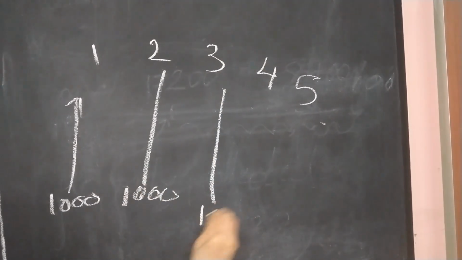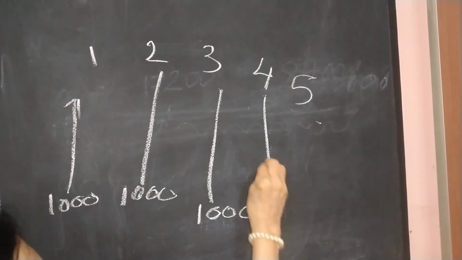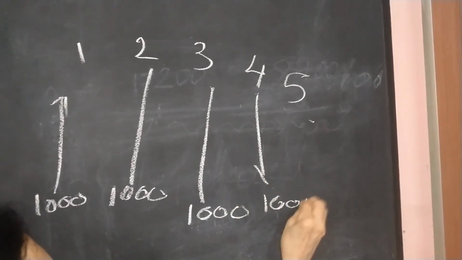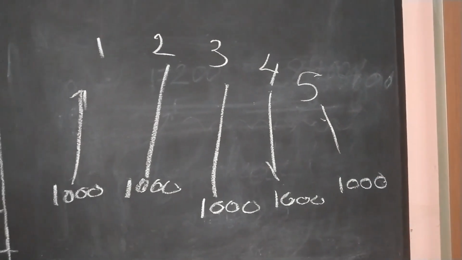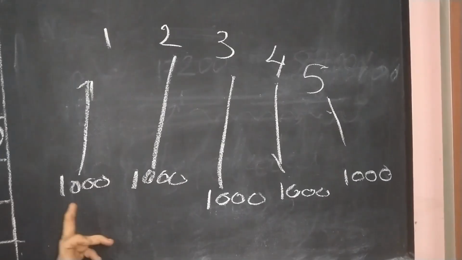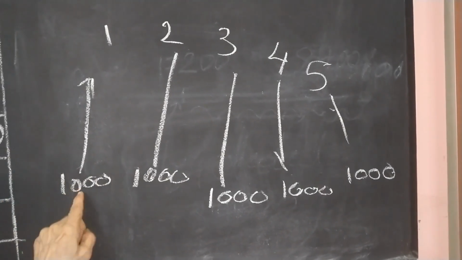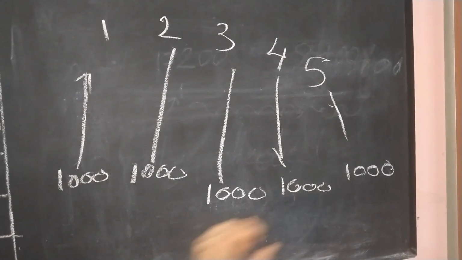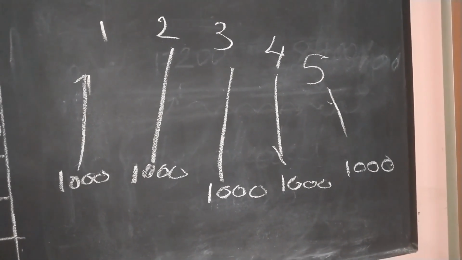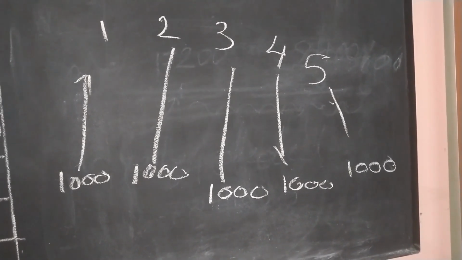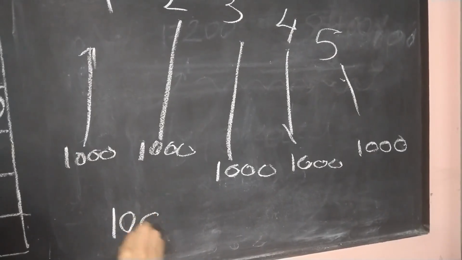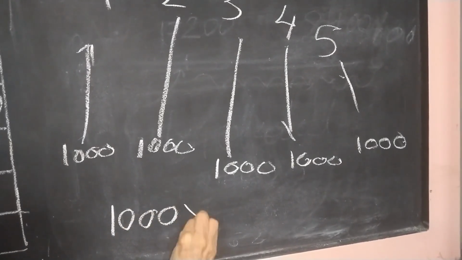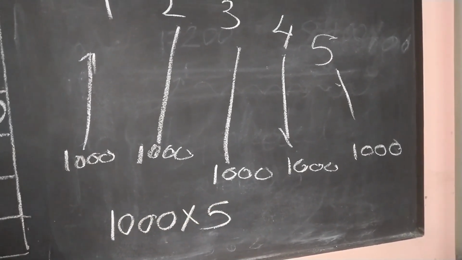For this one also 1,000 rupees. For this one also 1,000 rupees. And for this one also 1,000 rupees. That means total I have spent 5,000, and I could have come to the conclusion by taking only 1,000 per saree into 5, right?